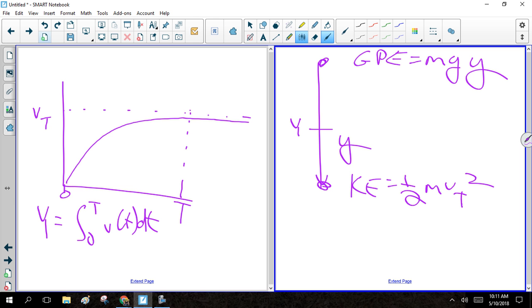So how do I find the energy dissipated? What does that mean? Dissipated means lost. So we just need to find the change, right? So you just subtract mgy minus 1/2 m vt squared. And you're done. Did I oversimplify that? Yeah, that's it. Wouldn't it be final minus initial?